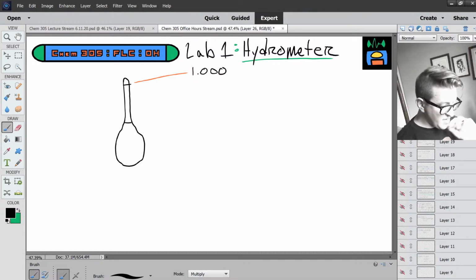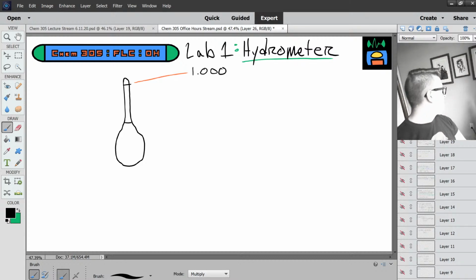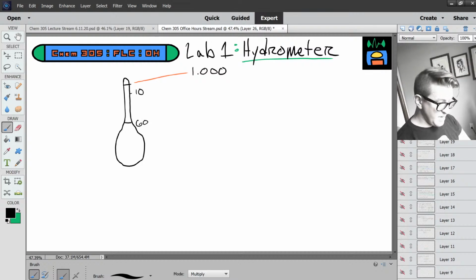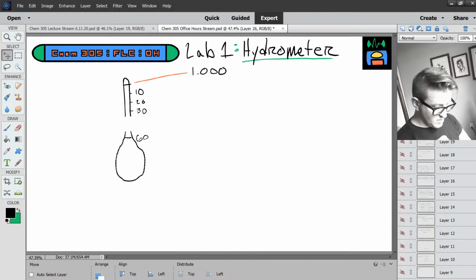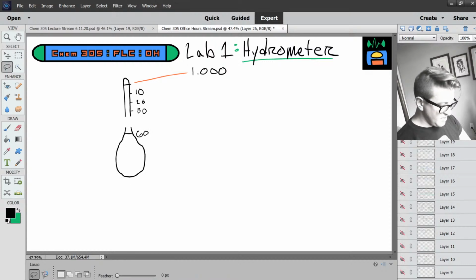And then they've got, what does this go to, like 0.6, right? Like down there it says, well, on the hydrometer itself, the way it says it's 10, 20, 30. Here, I'm going to chop up my drawing just a little bit.